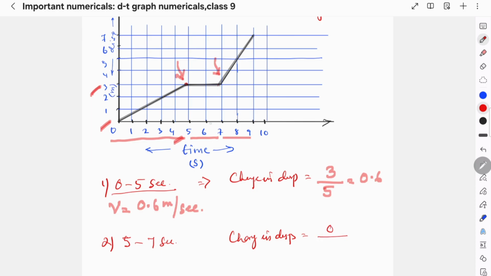And change in time, 5 to 7 seconds, is 2 seconds. So velocity for this part is 0 meter per second. That is, the body is at rest.